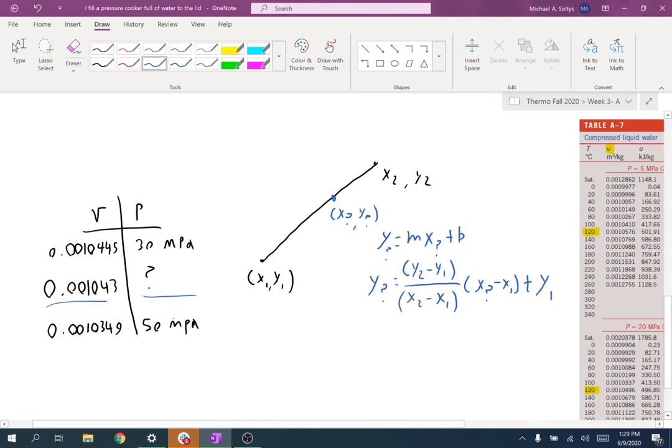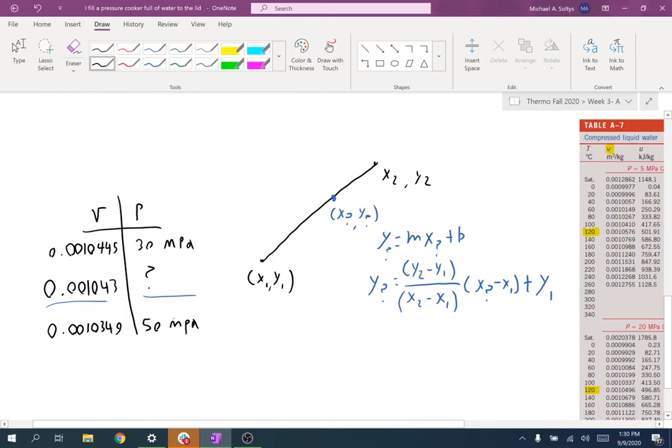I have y2 and y1, x2 and x1. I have my x value, which is 0.001043. I can plug that in and get my y value. The other way that I could write this equation is to say that the ratio between x1, y1, and x2, y2, is the same as the ratio between x1, y1, and x question mark, y question mark.